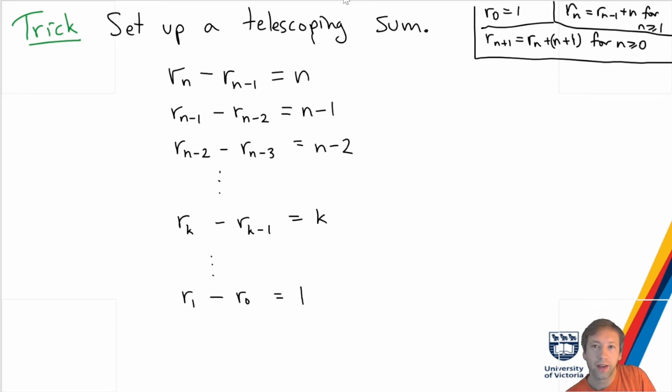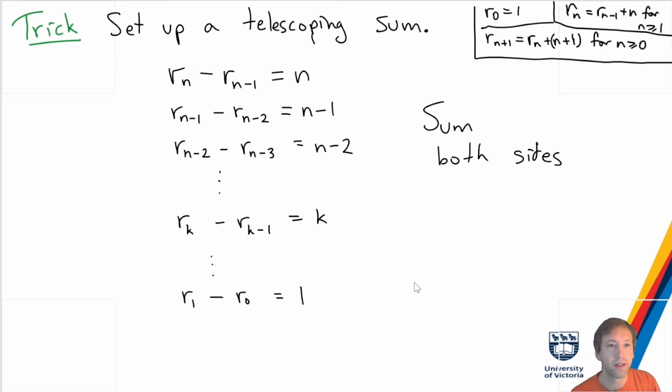Here's the trick. Let's sum up both sides of this equation. If I sum up the right side, it's kind of simple. It's just the sum of k equals 1 up to n of k.